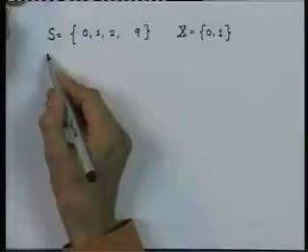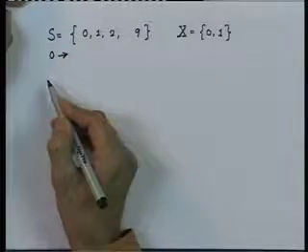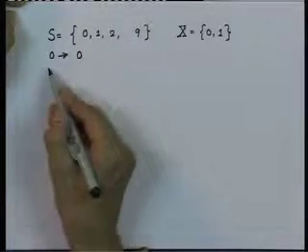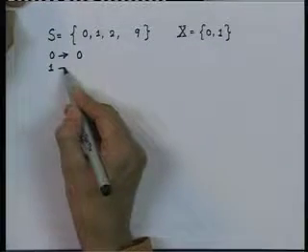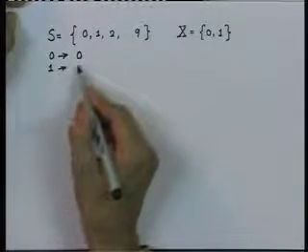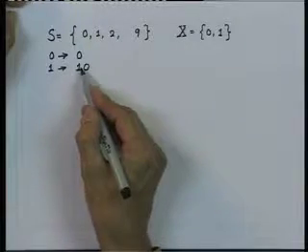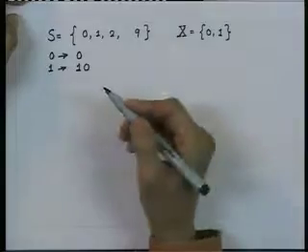So, let us assume that for my source symbol 0, I assign the code word 0, and for my source symbol 1, I assign the code word 10. Obviously, I cannot just assign 1 because then I will not be able to form the instantaneous code.